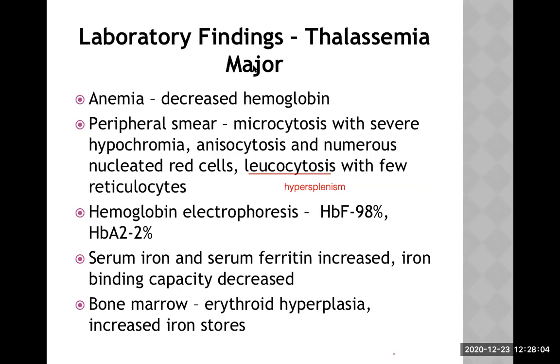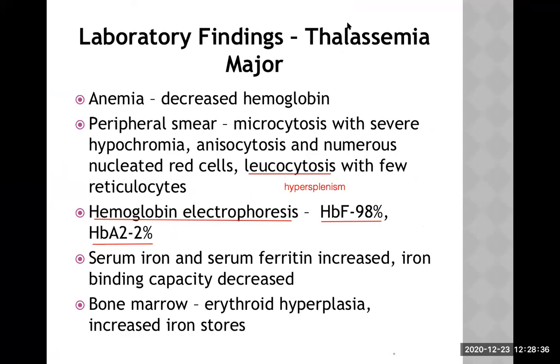Another important investigation in case of thalassemia major is hemoglobin electrophoresis. This is a very important type of investigation, just like in the diagnosis of sickle cell anemia. This is probably the most important investigation for the diagnosis. We may see hemoglobin F at 98% and hemoglobin A2 at 2%, with absence of hemoglobin A, in case of beta thalassemia major or Cooley's anemia.